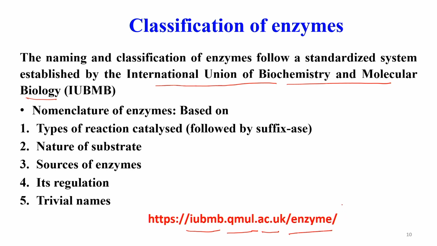Here one should be able to check the database of enzymes. Now this nomenclature can be done based on the type of reaction being catalyzed, the nature of the substrate, the source of the enzyme, the regulation of the enzyme, or any trivial names of enzymes. Depending on this, we should be able to name a particular enzyme.